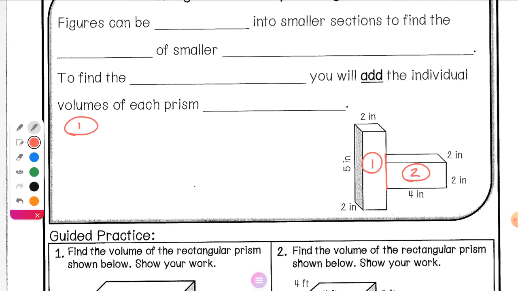Length times width times height. Okay, so for number 1, I'm going to write V equals length times width times height. For number 2, Dom, what's my formula for the volume of that other rectangular prism? The same thing. V equals length times width times height.